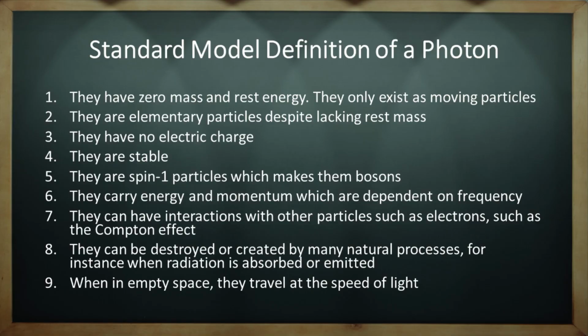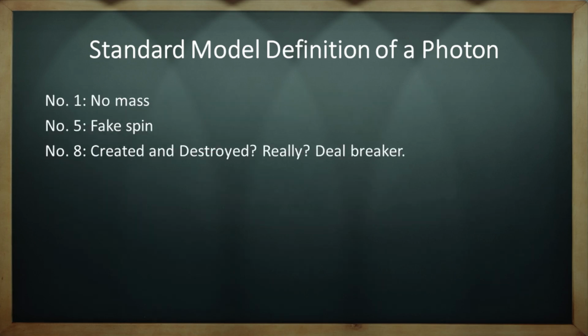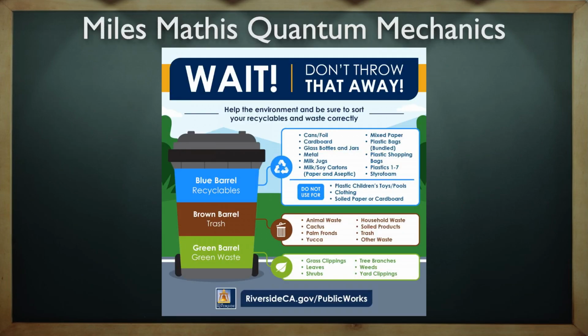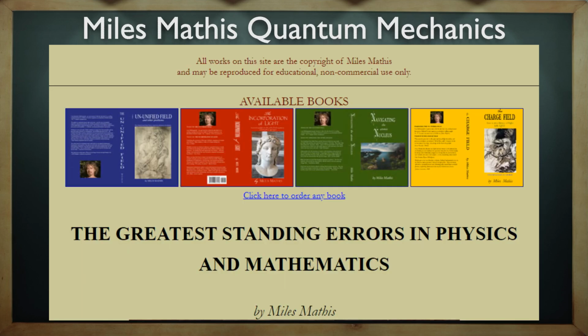The standard model of quantum mechanics is all about point-like, massless, wave forms. But, admittedly, since it works at the macro level, we can't just throw it out without something better to replace it. Miles Mathis has spent 30 years rewriting physics using the same data as the physicists. Except, he is not bound by the physics journal system where he has to write papers that can win the approval of the establishment.